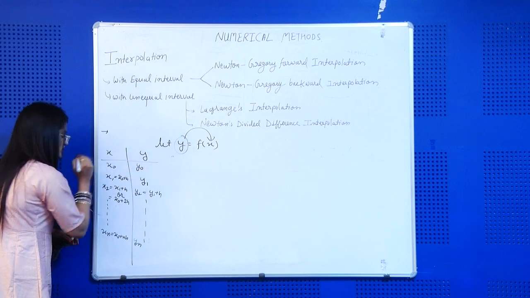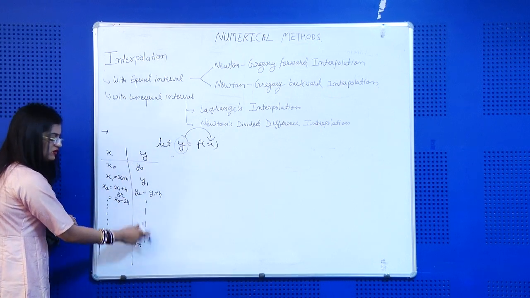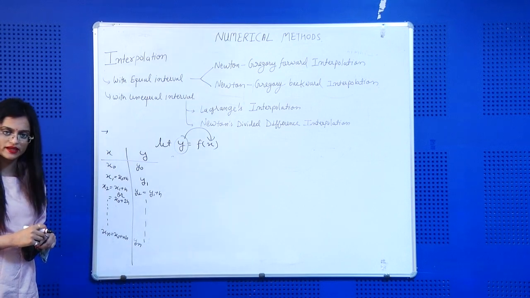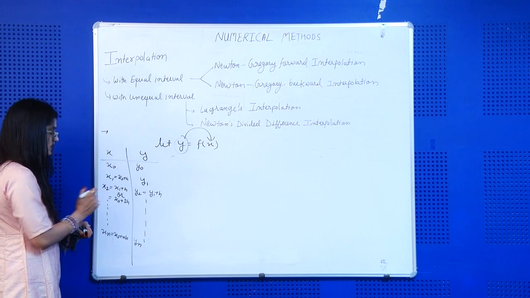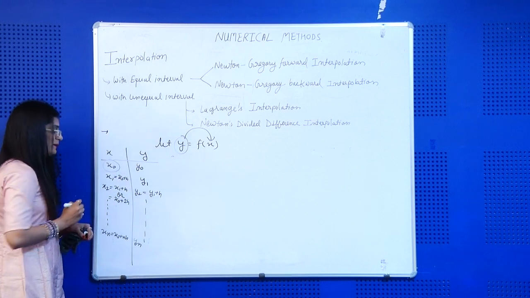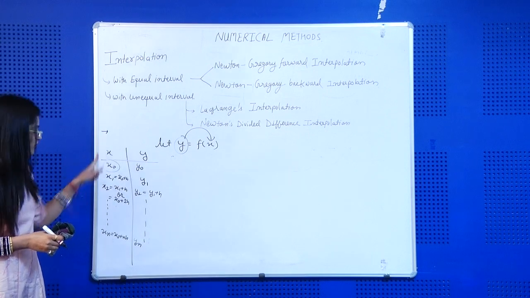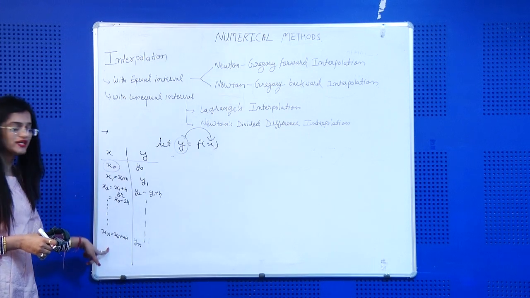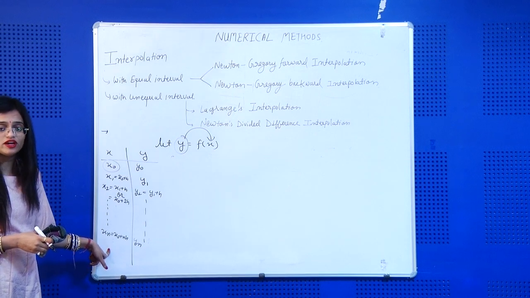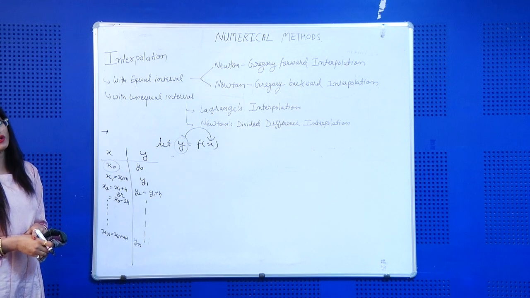From this tabulation, we can easily calculate the value of x and easily calculate the value of y, correct? If we know the function definition. But my suggestion is that if we have a value of x, then we have to check whether our given values of x are equally distributed or not.